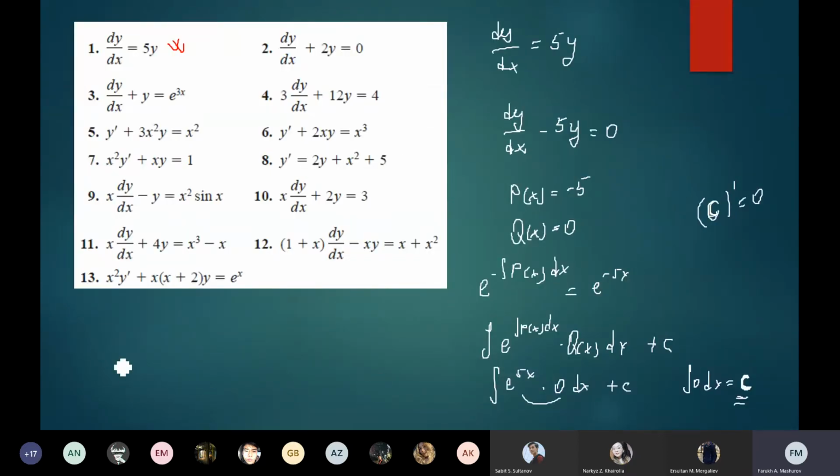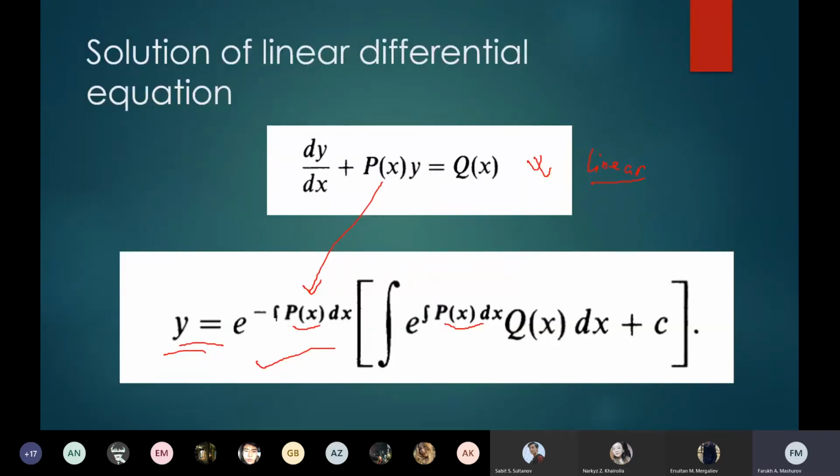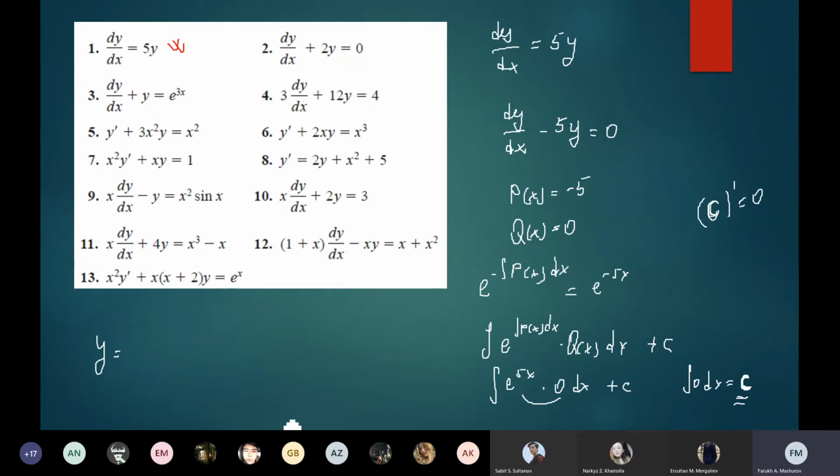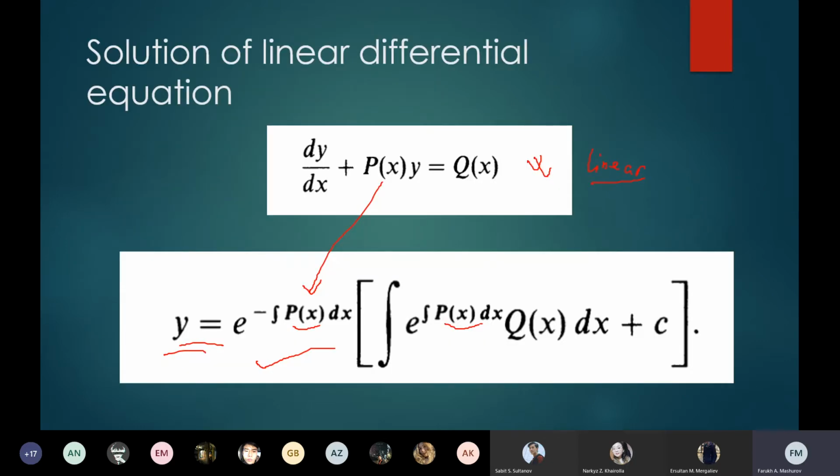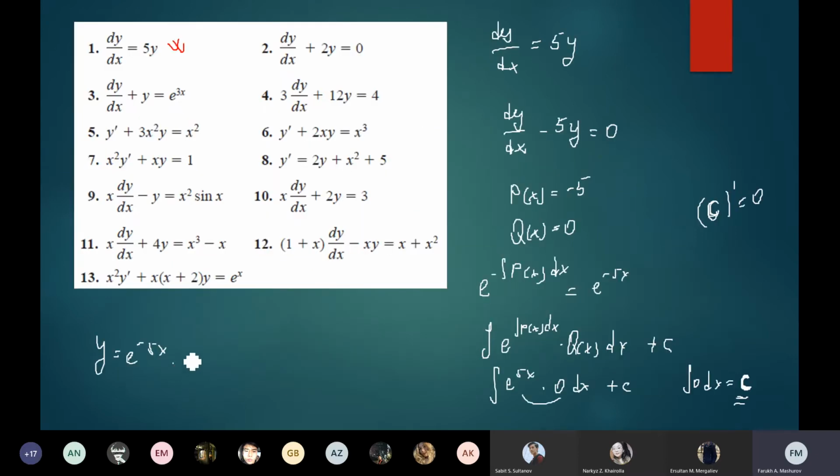So y is equal to, if you write by this formula, firstly we need to write e to the power minus integral of p(x) dx, which is e to the power minus 5x. And since in the bracket, by this formula, we have just c, and plus c would be 2c, we can just define this as capital C and write it as the multiplication by C. That's all.